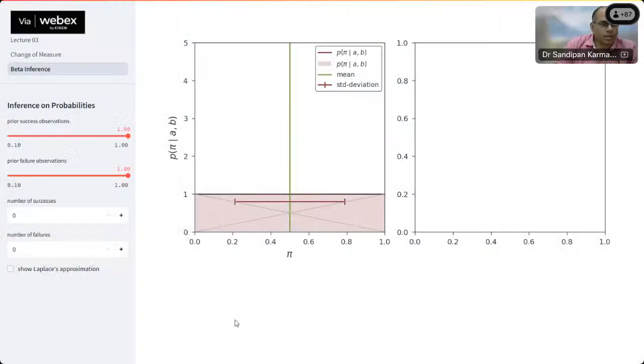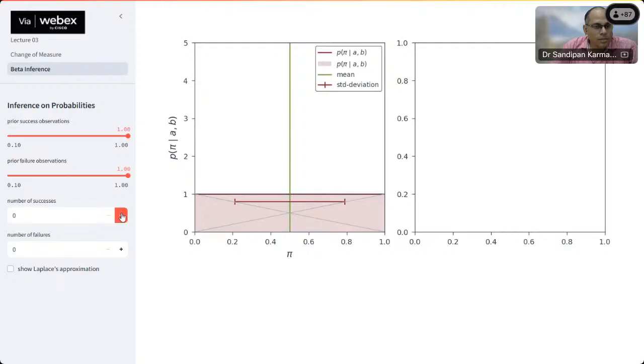So you can see, this is the beta binomial inference. I'm taking prior success observations and prior failure observations.